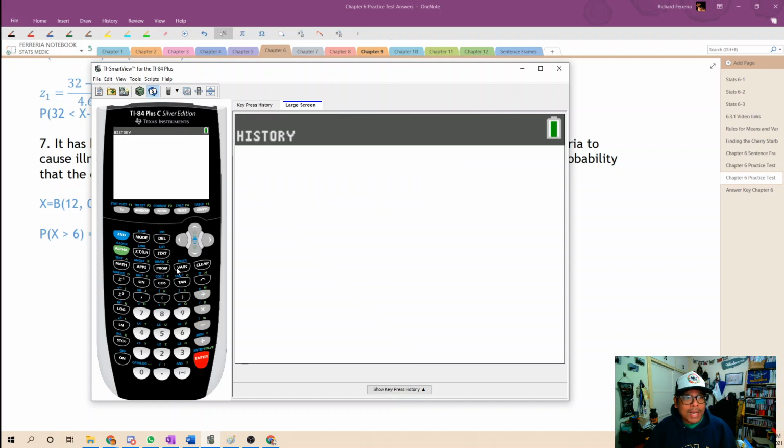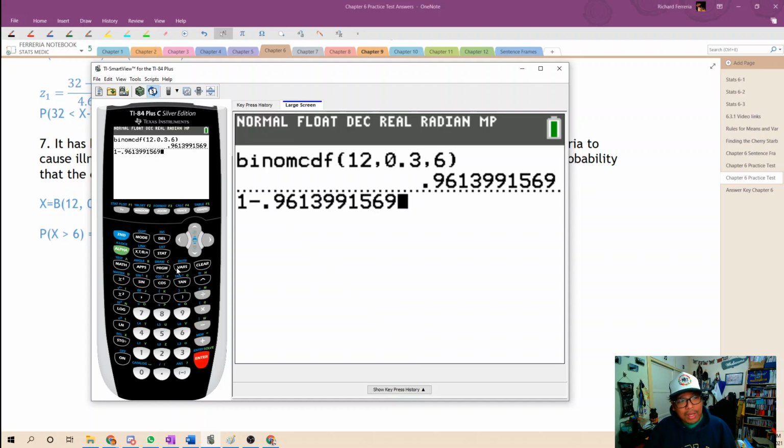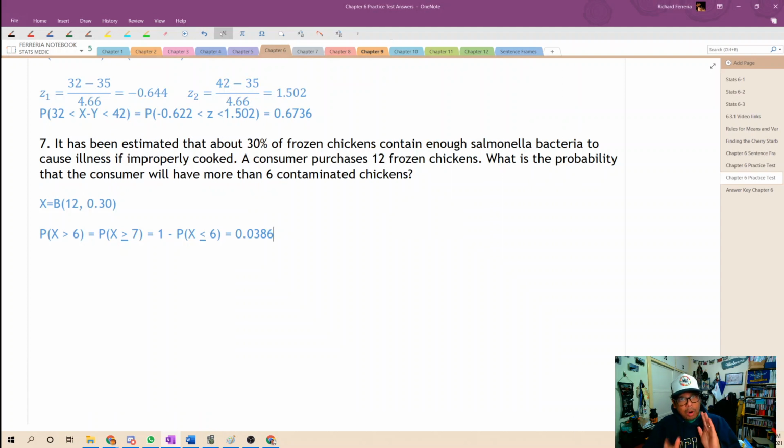So 1 minus that. That's going to give me everything greater than or equal to 7. So 0.3886. So always try to think about how less than or equal to works. If we have greater than 6, that means the complement is less than or equal to 6.